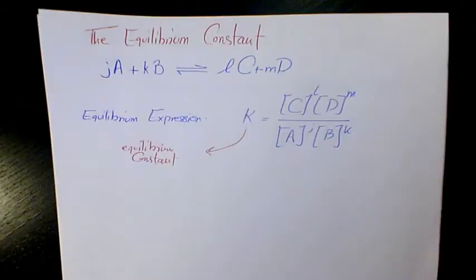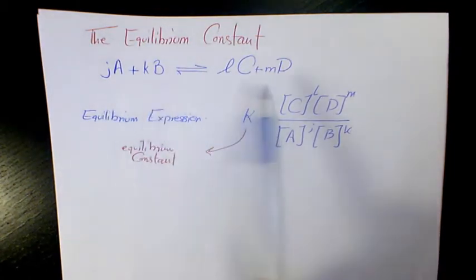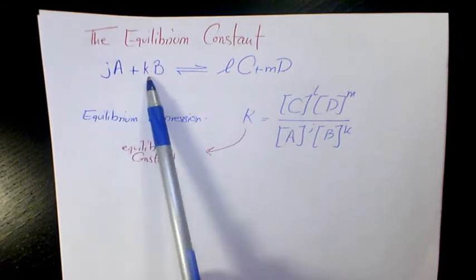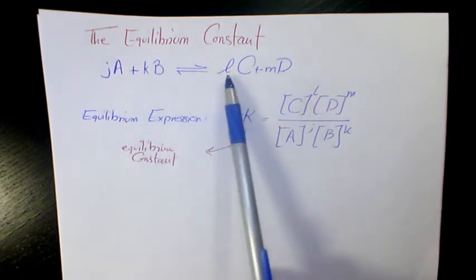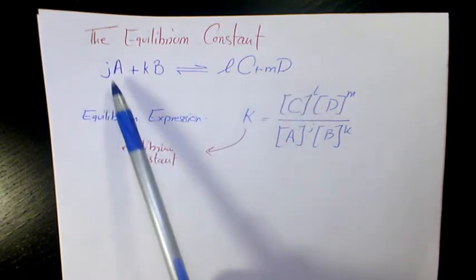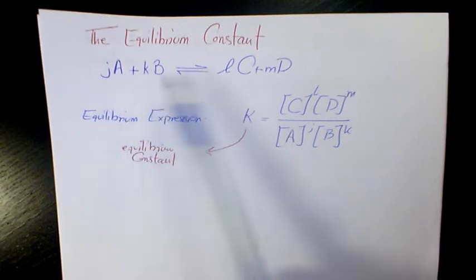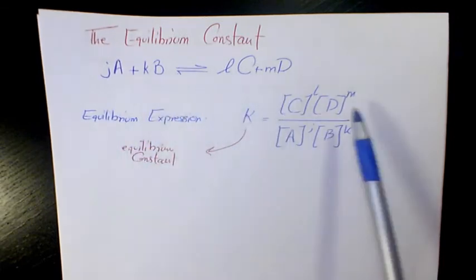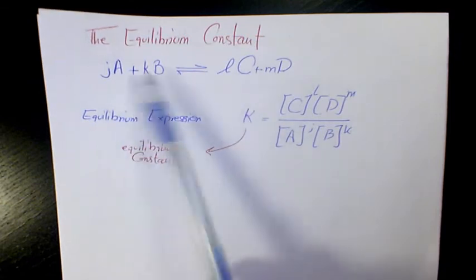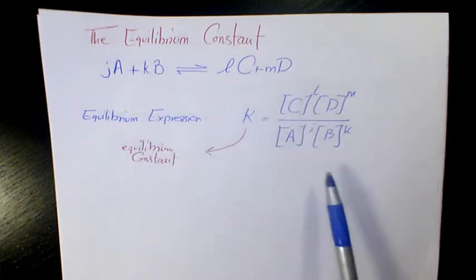So let's get to the concept of the equilibrium constant. Assume that we have this reversible reaction, jA plus kB gives lC plus mD. J and k are the coefficients of the reactants, and l and m are the coefficients of the products. A and B are the reactants, and C and D are the products.